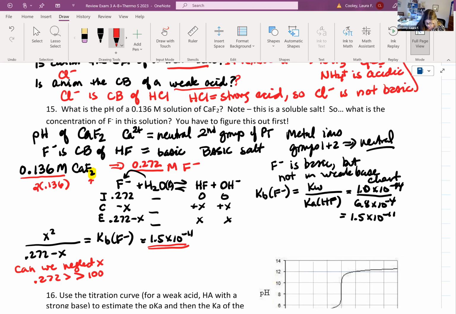When my pen comes back, I'll write that down. Because that's 1.5 times 10 to the minus 9. This is way bigger, so we can neglect the X. And so I'm running out of room here. X squared over 0.272 is 1.5 times 10 to the minus 11.